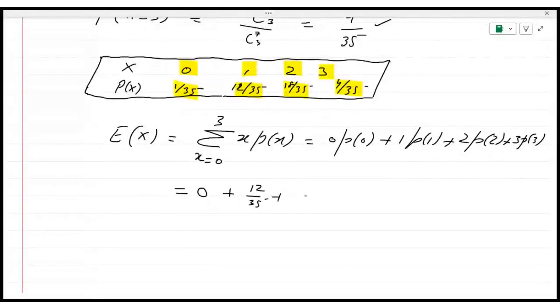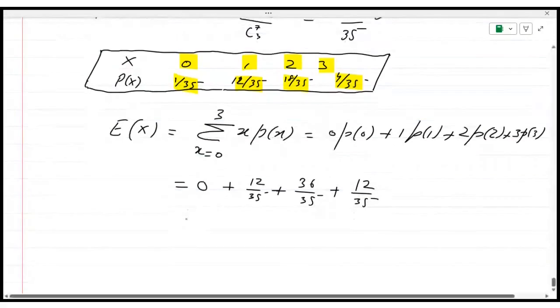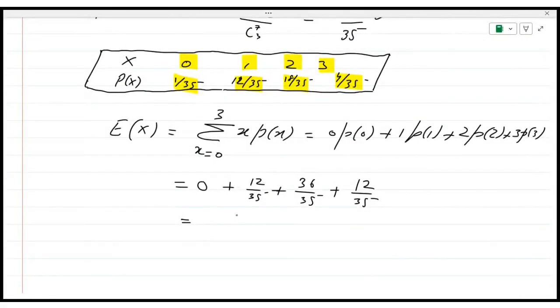2 into 18 by 35, that is 36 by 35. 3 into 4 by 35, so 12 upon 35. So 12 and 12 for 24 and 36, which is I think 60 by 35.